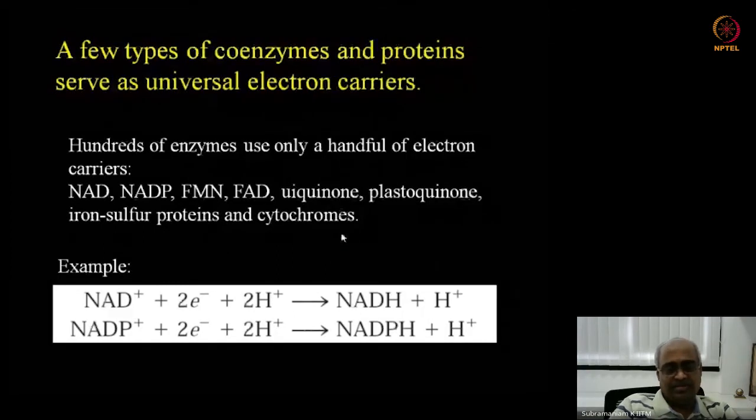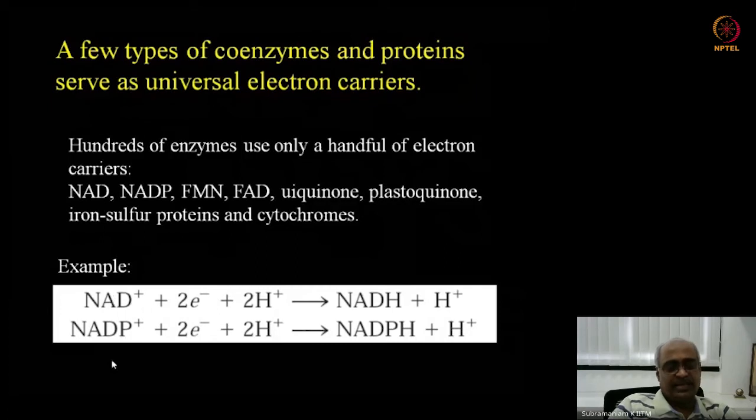We have actually seen ubiquinone and plastoquinone when we were learning about vitamin E, vitamin K, etc. Same lipid molecules, so these are also familiar. When we see their structure, you will recognize them. So you have coenzymes and proteins: these are coenzymes and these two are proteins.